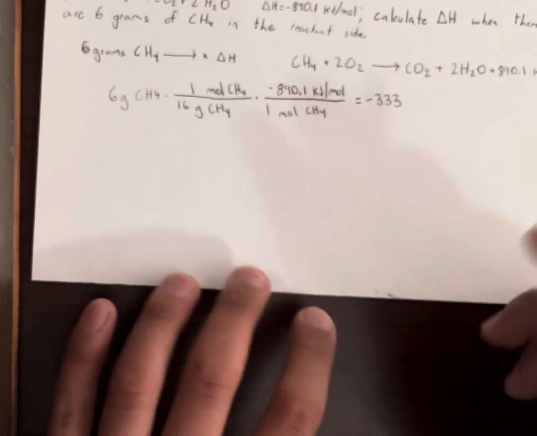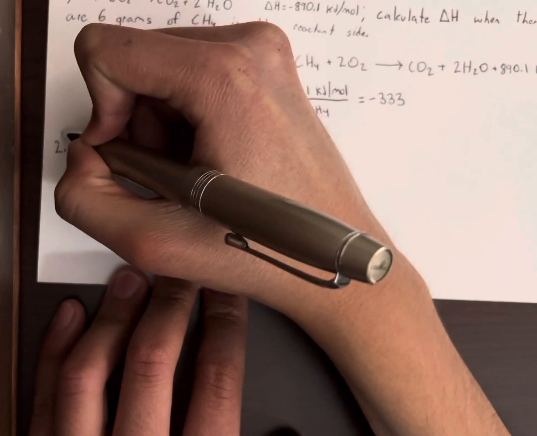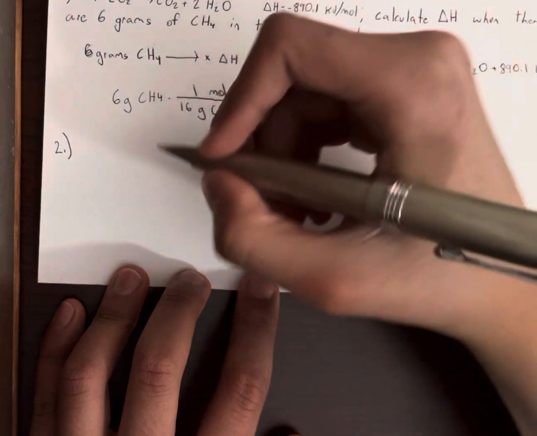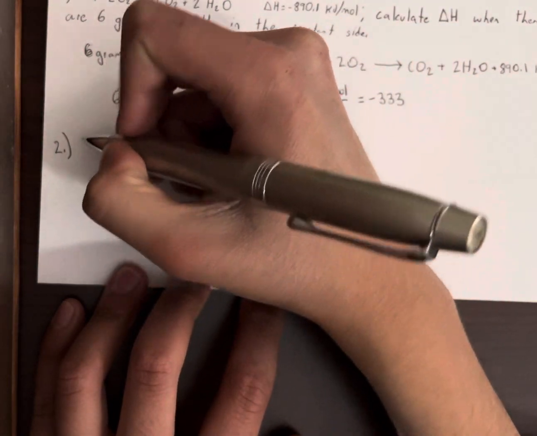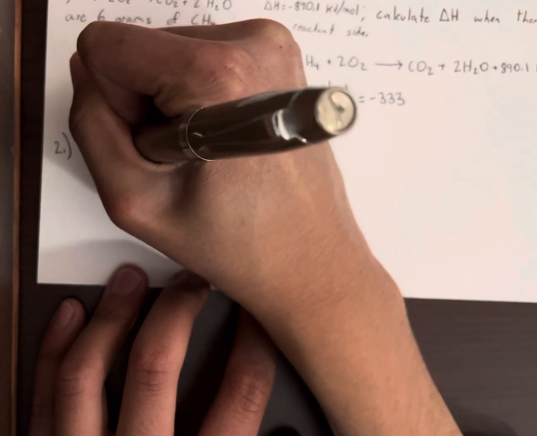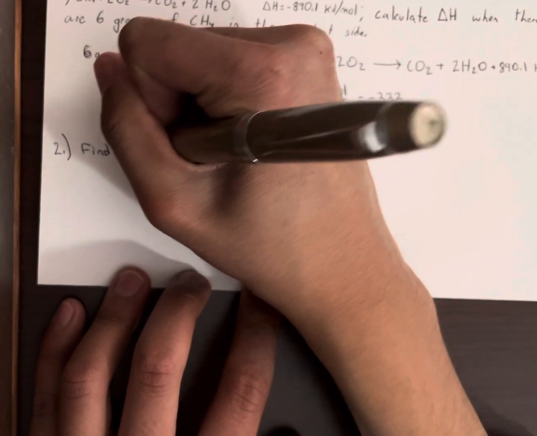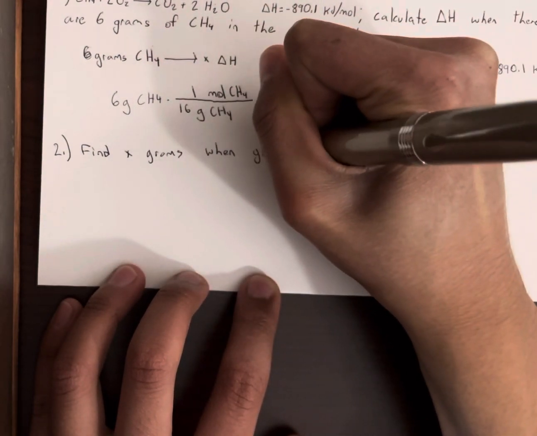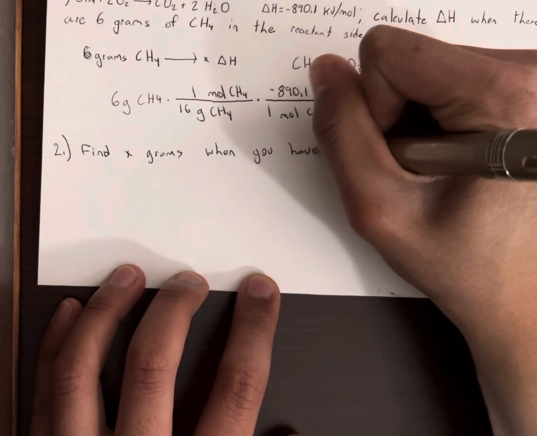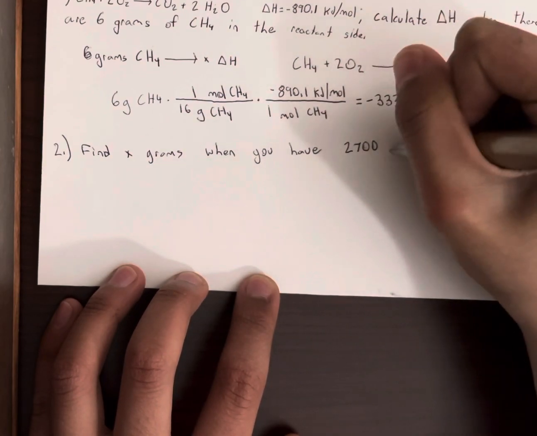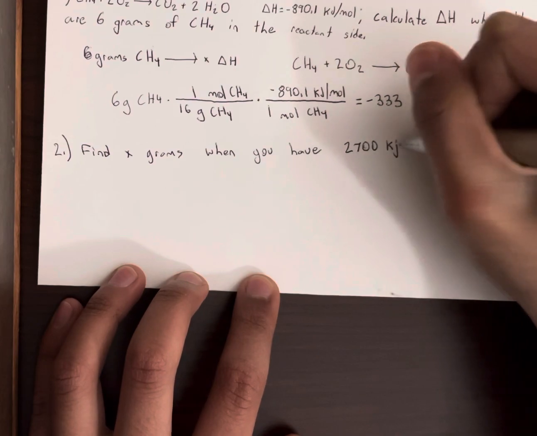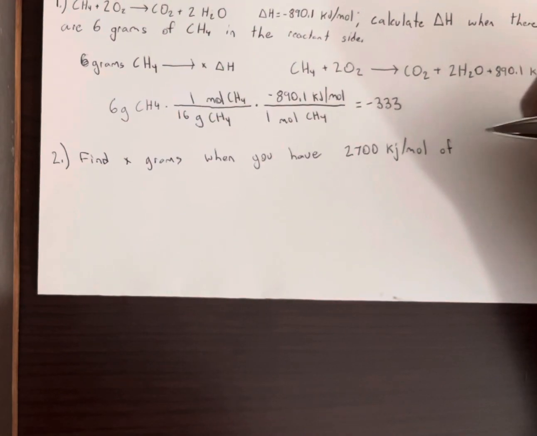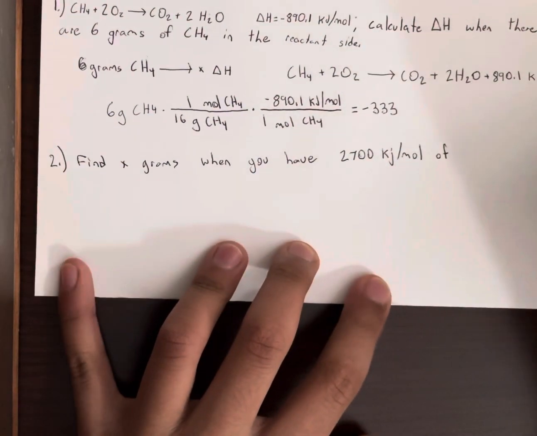So the second problem, let's try to convert from delta H to grams. So let's say find X grams when 2,700 kilojoules per mole of energy.